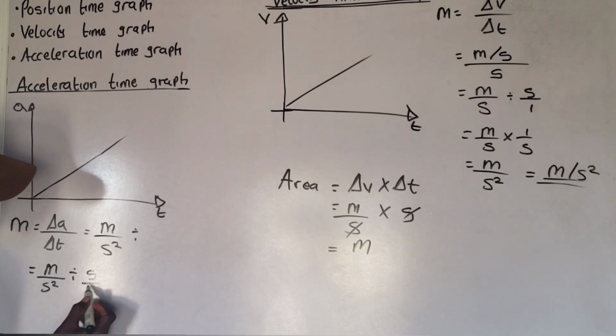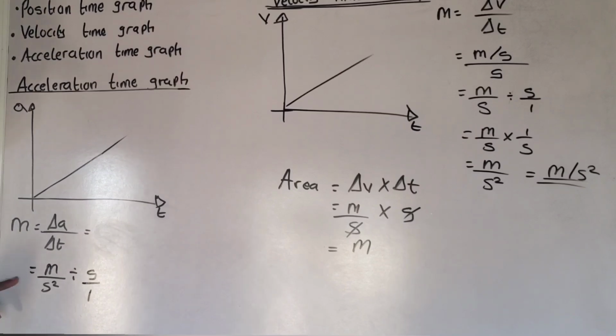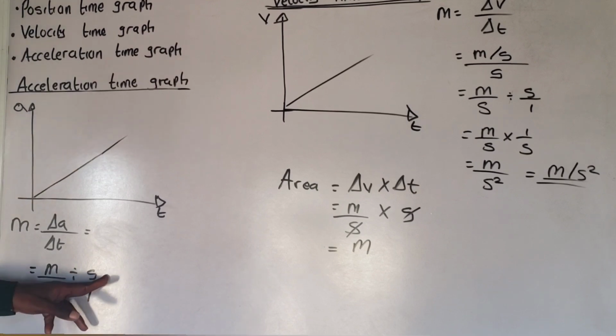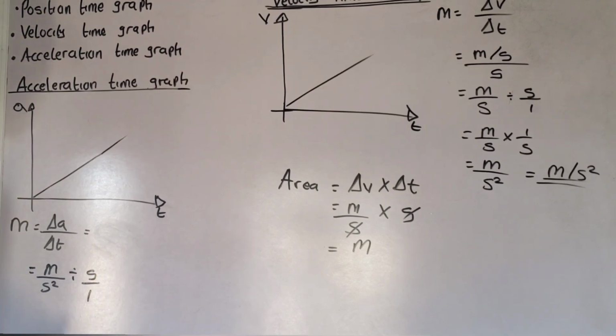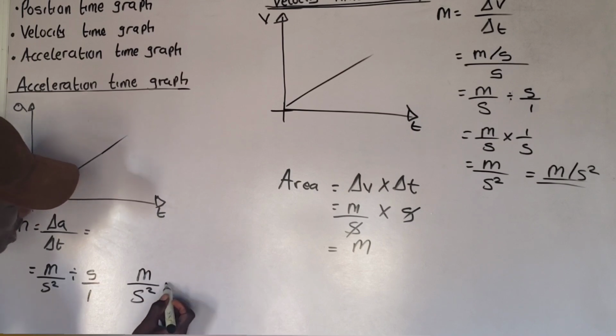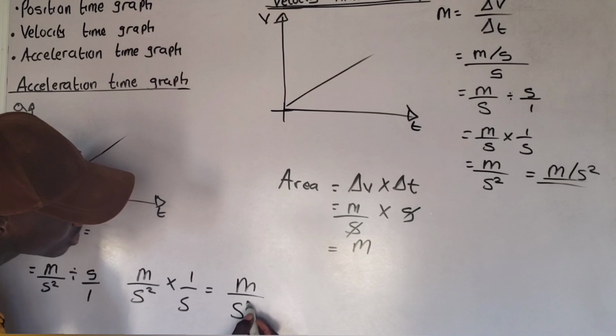Let me just put s over 1. You understand? Now, if you change this division sign to multiplication sign, the numerator here will become the denominator. So I'm going to have meter all over second squared multiplied by 1 over s, which is what? Meter all over second raised to the power of 3.